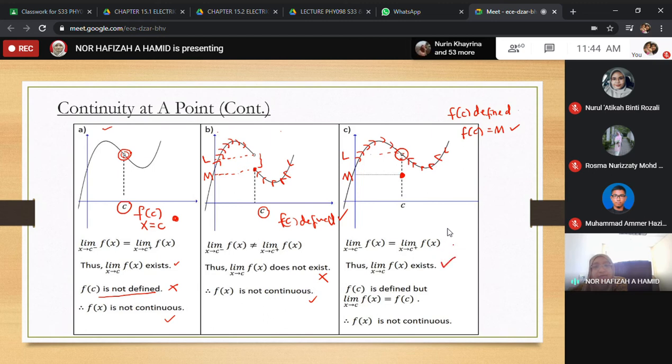So f(c) pun define, tapi condition dia number 3 dia tak satisfy. Sebab f(c) dia you dapat value M, tapi limit dia you dapat value L. So the different value. So dia tak satisfy condition number 3. Okay. So that's why f(x) is not continuous. So ni example, all these three are not continuous.